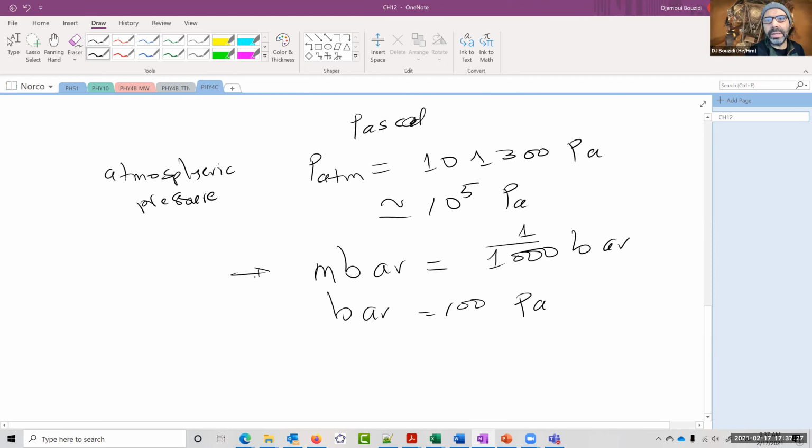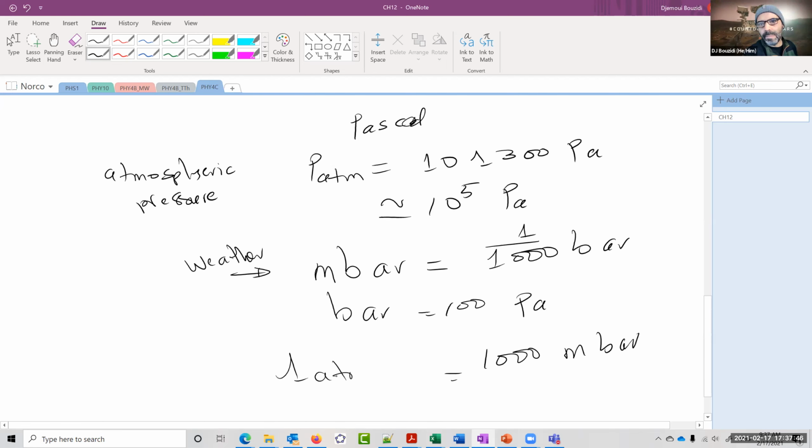You use this term a lot in weather. Okay, the weatherman talks about the millibar, and it's 997 millibars. So 1,000 millibars actually is 1 ATM, 1 atmospheric pressure. Okay, so that's really the conversions, if you like.